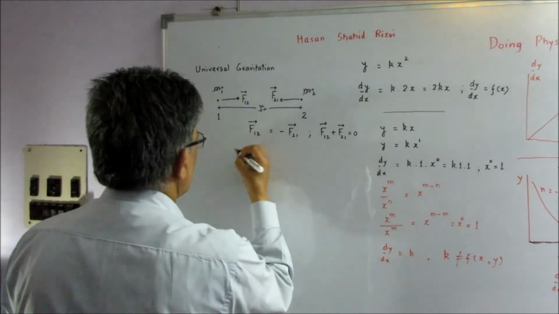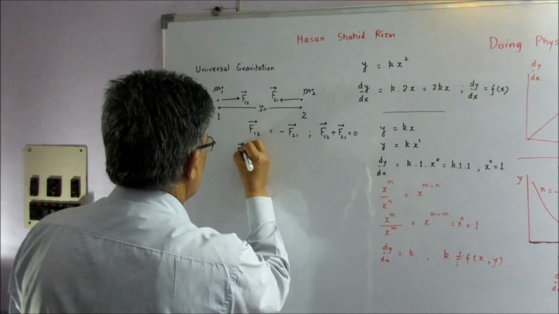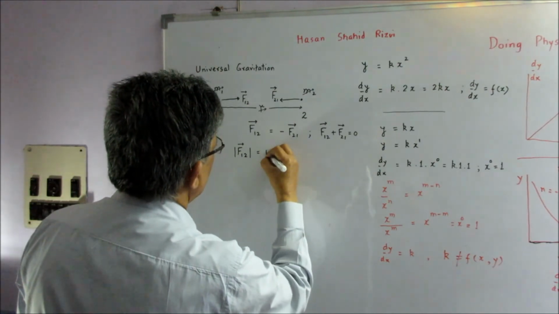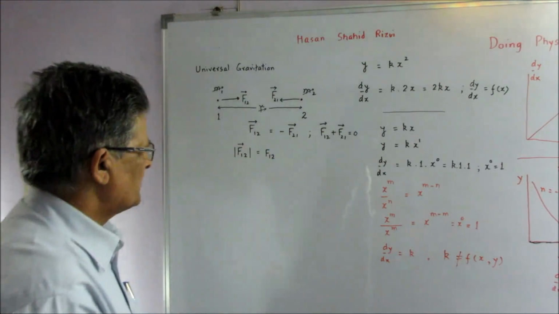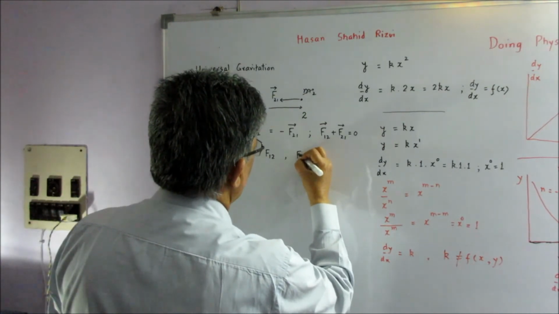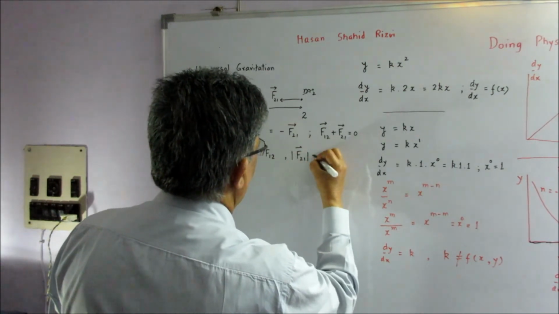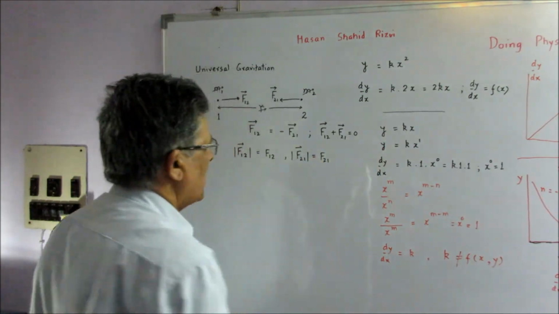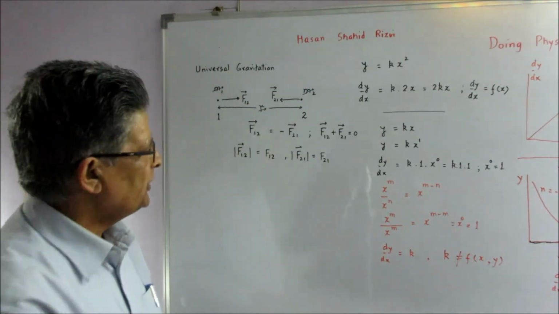And now what we do is, because the measure of F12 is equal to simply F12, this is not a vector, this is just the measure, the value. And similarly, the measure of F21 is F21, and the two measures F12 and F21 are equal to each other.